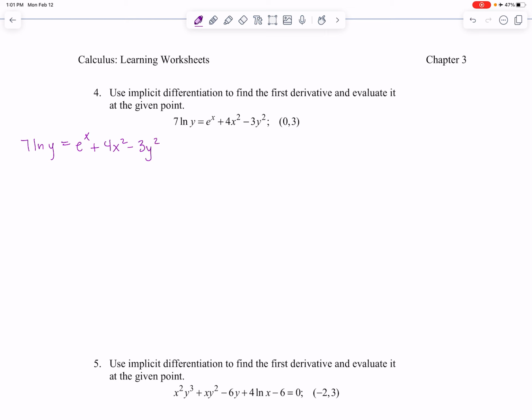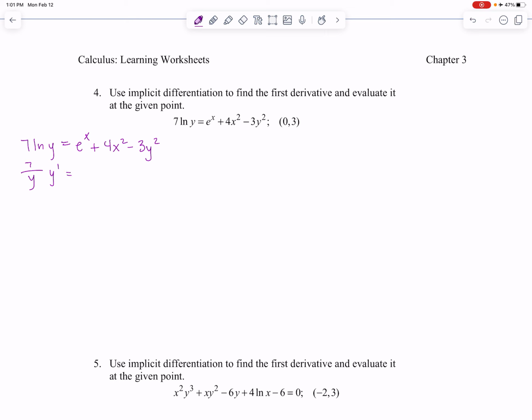Let's take the derivative. We have 7 times natural log of y, so we'll pull the constant out front. The derivative of natural log of y is going to be 1 over y, so we'll have 7 over y, and we have to do y prime, derivative of y, that chain rule.